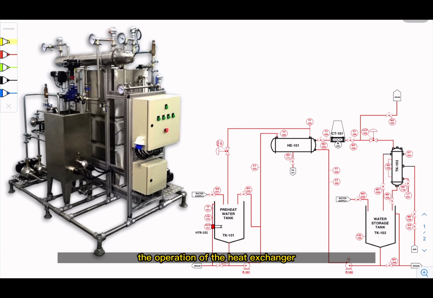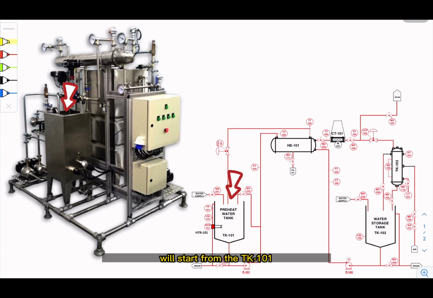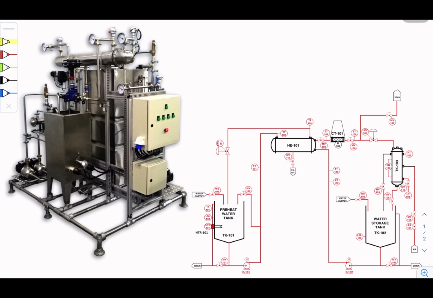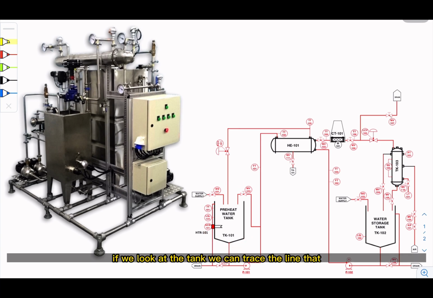The operation of the heat exchanger will start from the TK101 preheat water tank. If we look at the tank, we can trace the line, assuming that the preheat water tank is where the hot water comes in.